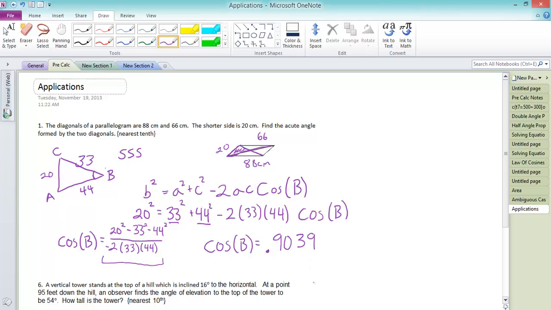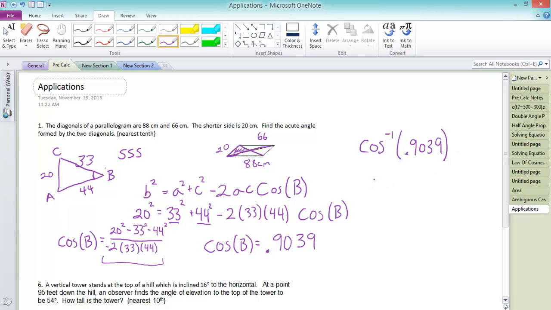But what I'm going to do is take the arc cosine, the cosine to the negative 1, of 0.9039. Of course, in my calculator, I have more digits.